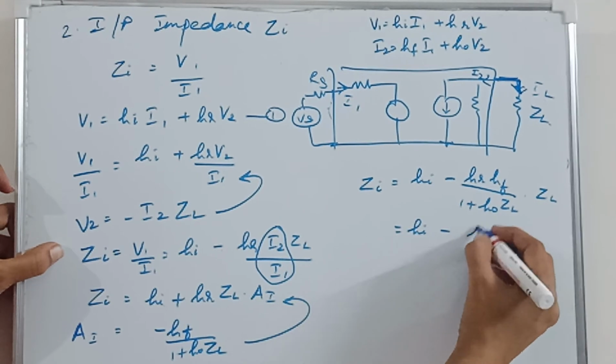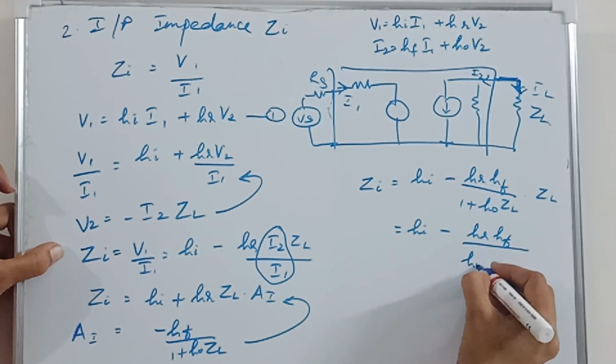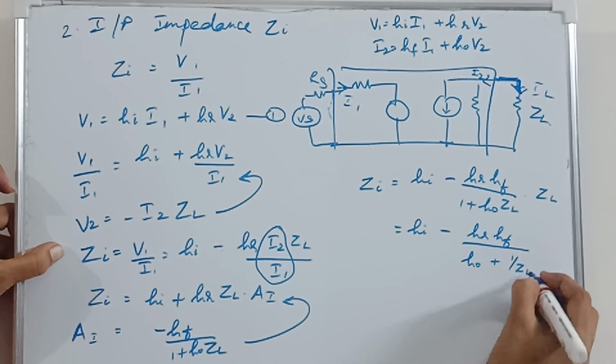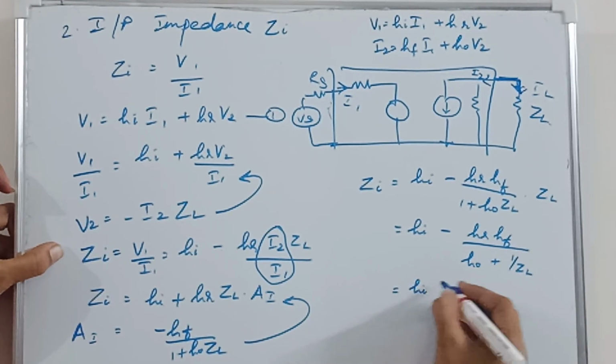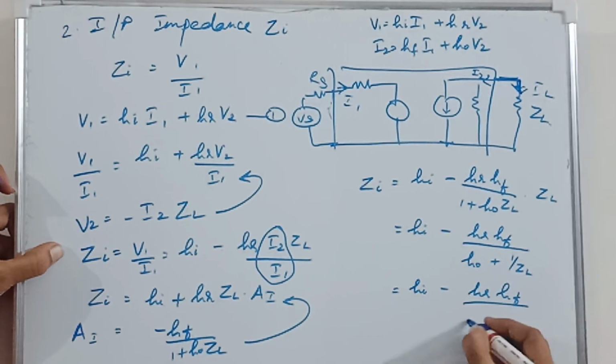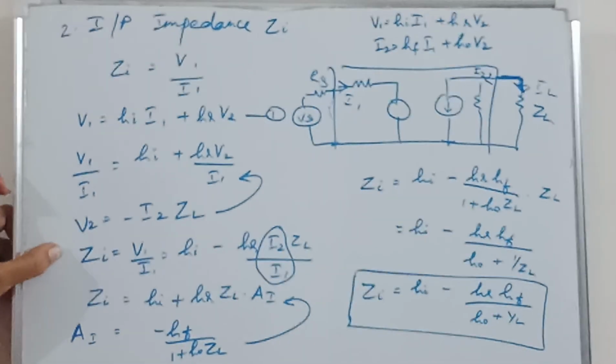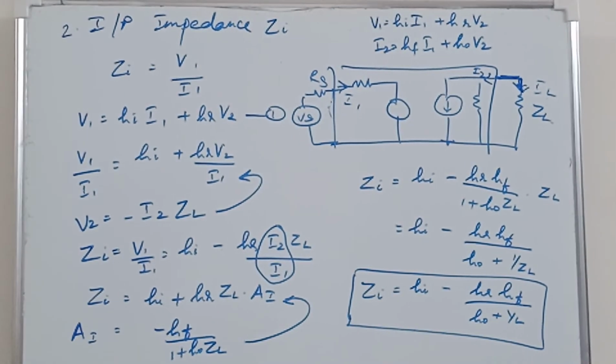So this will be Hi minus Hr HF divided by H0 plus 1 by ZL. 1 by impedance is admittance, so this will be H0 plus YL. So this is how you will calculate or determine the input impedance given your H parameters.